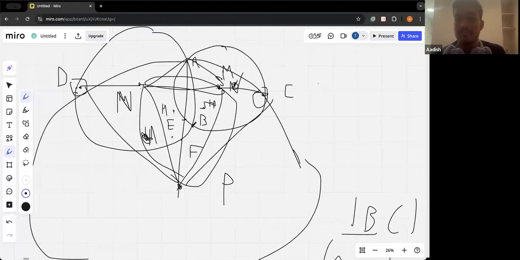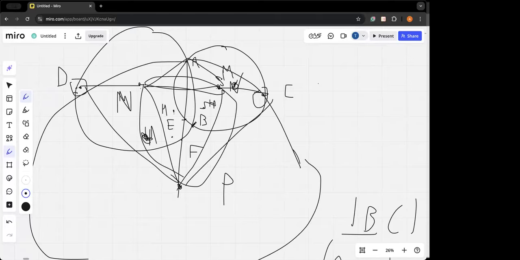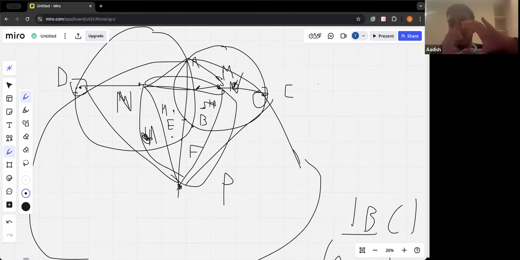B is relatively easy to get. Reflect A in MN, that's B. Because these are two circles, their intersections, you can get B very easily. How do you get E and F? That's harder.